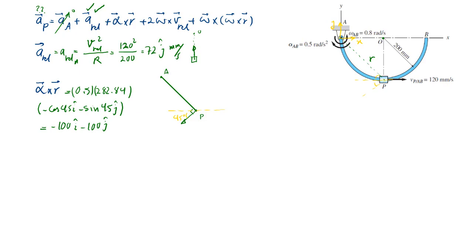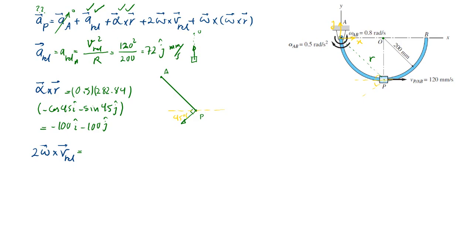Then the next component, well, for this one we know the magnitude and the direction. The next component would be 2 omega cross V relative. Keep in mind that in this case we have both alpha and omega because the local frame is rotating around its origin. It's a little different from previous examples.